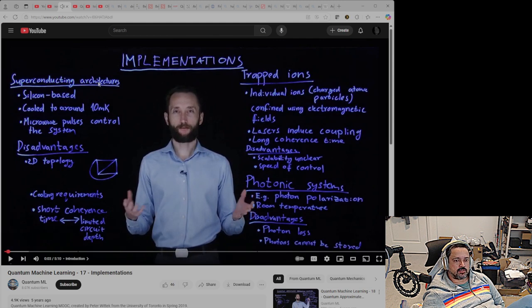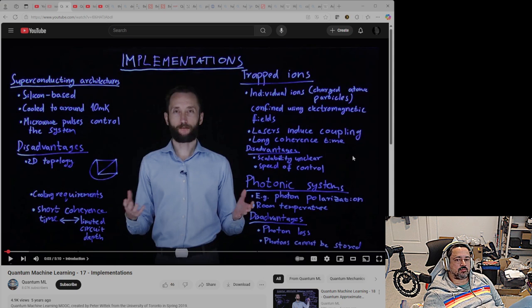So implementations: superconducting architectures, silicon-based, cooled to around 10 millikelvin, microwave pulses control the system. Disadvantages are two-dimensional topology, cooling requirements, short coherence times, limited circuit depth. Versus trapped ions: individual ions, charged atomic particles, confined using electromagnetic fields, laser-induced coupling.